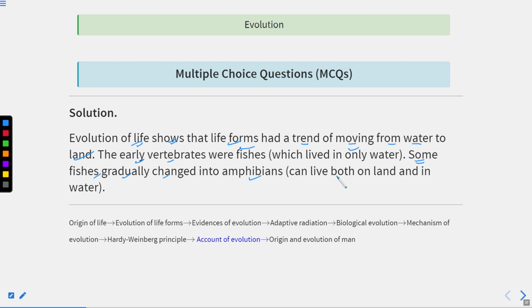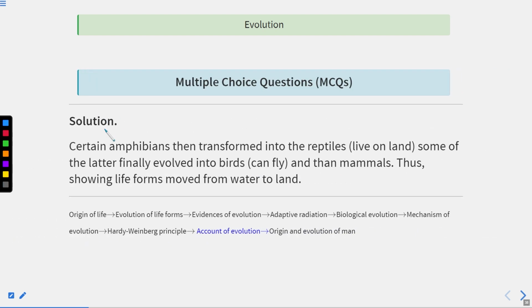What are amphibians? Amphibians can live in both land and water. Certain amphibians then transformed into the reptiles. Reptiles are those organisms which can live on the land. Some of the latter finally evolved into birds that can fly and mammals also.